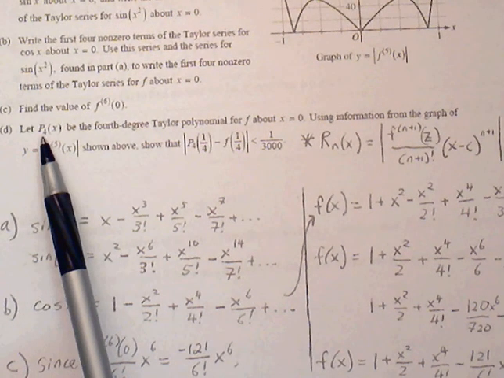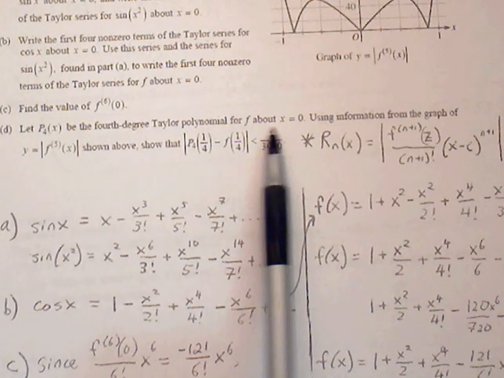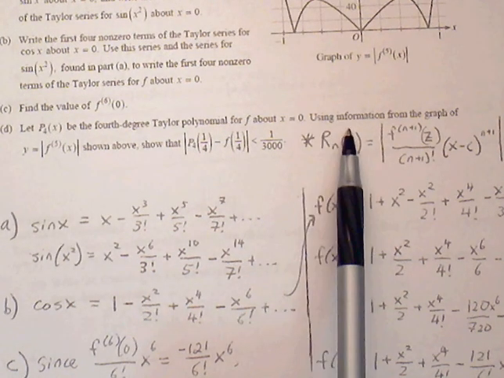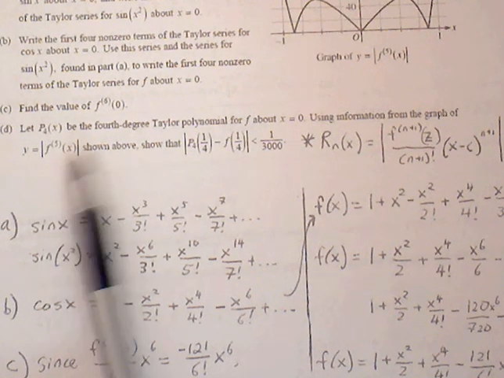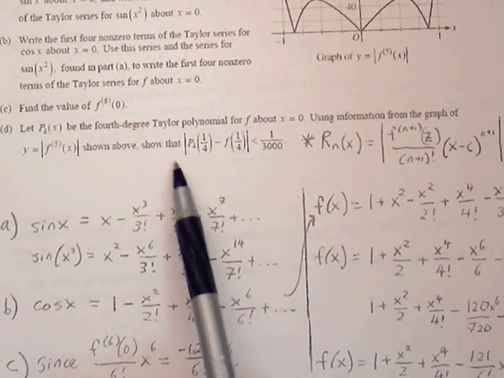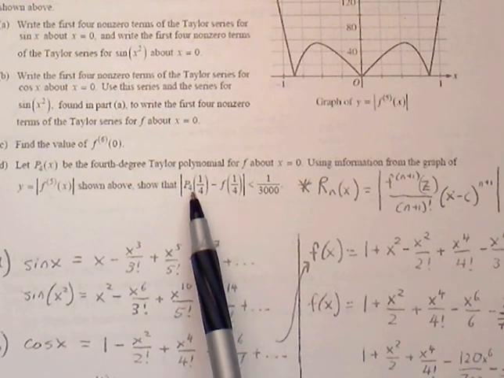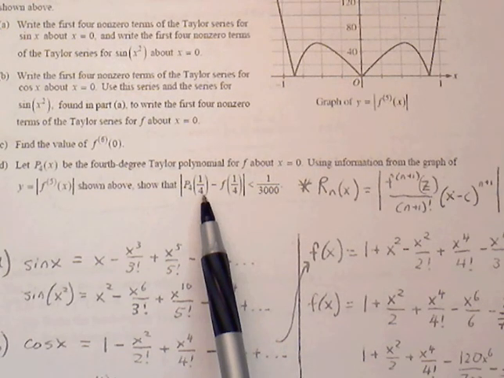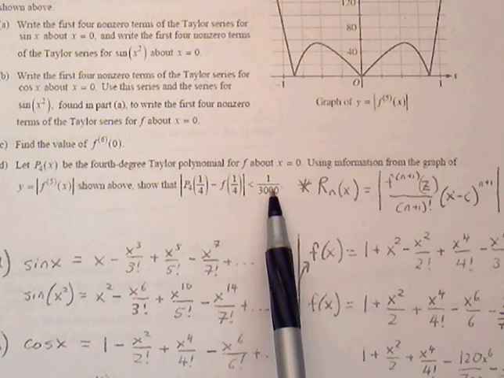Okay, so let the 4th degree Taylor polynomial be given here. We know that the graph here is representing the 5th derivative value at x. And it says, use that to show that the 4th degree polynomial evaluated at 1/4 minus the actual function at 1/4, in absolute value, is less than 1 over 3,000.